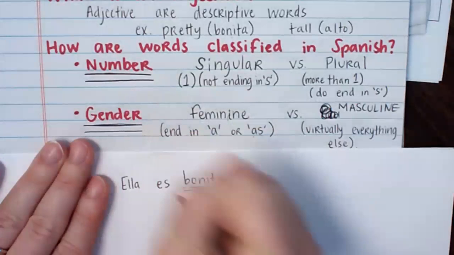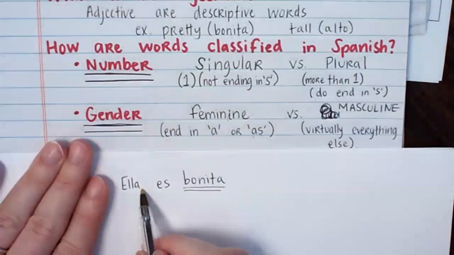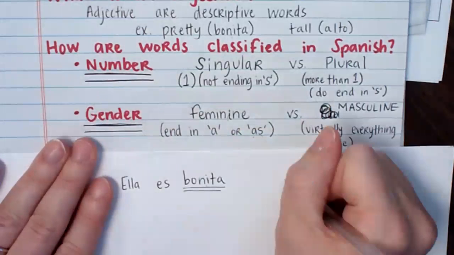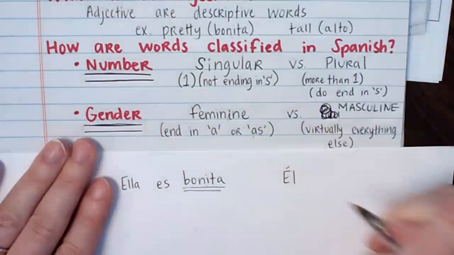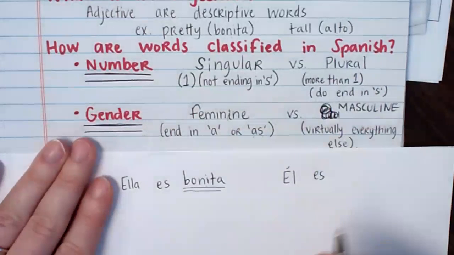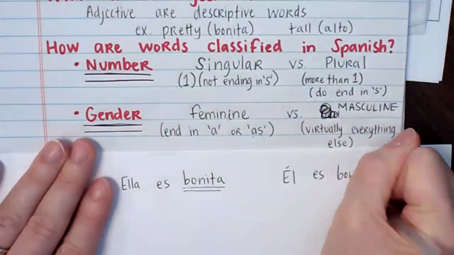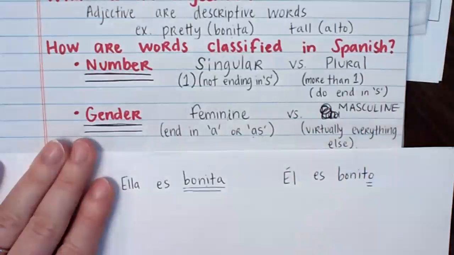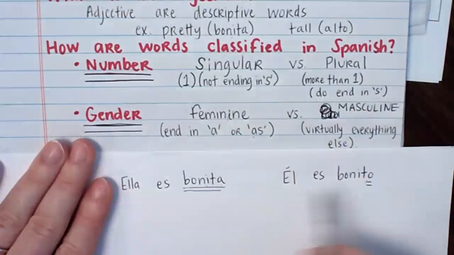Ella es bonita. She is pretty. If I want to say that he is pretty, I'd say él es bonito. So you just change that ending, you swap it.